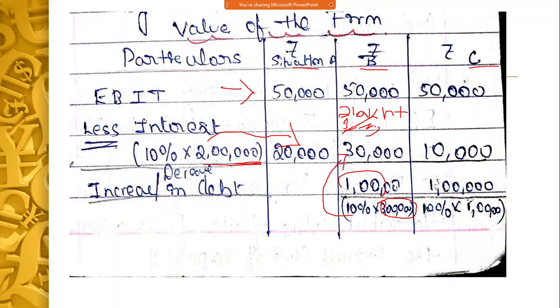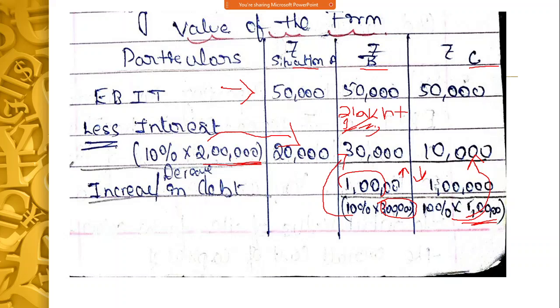Here the debt has been reduced by 1 lakh. Here the debt has been increased. Here the debt has been decreased. Now 2 lakh minus 1 lakh is 1 lakh, and 1 lakh into 10% is 10,000.